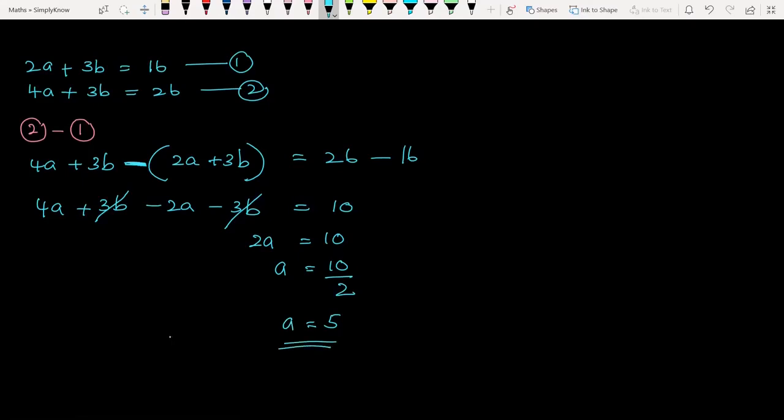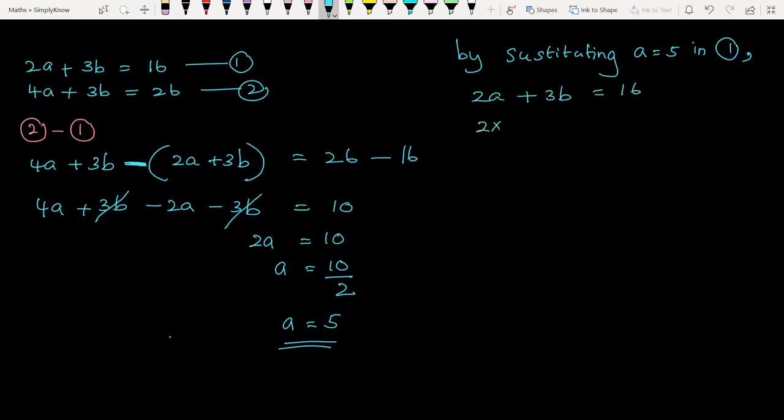What about b? So I'm going to substitute a equals 5 in the first equation. Our first equation is 2a plus 3b equals 16.